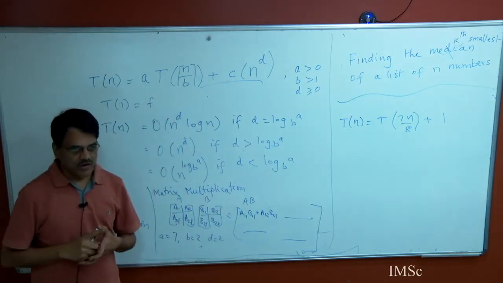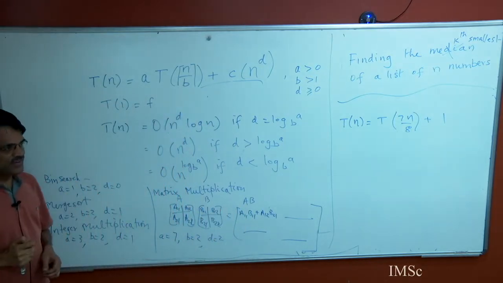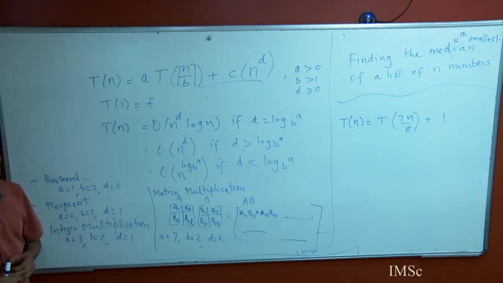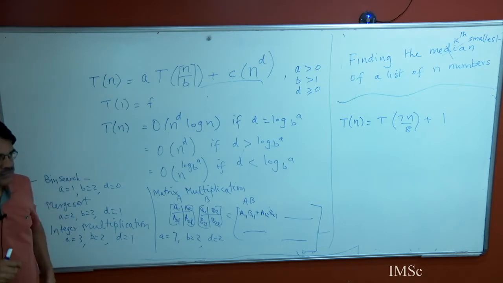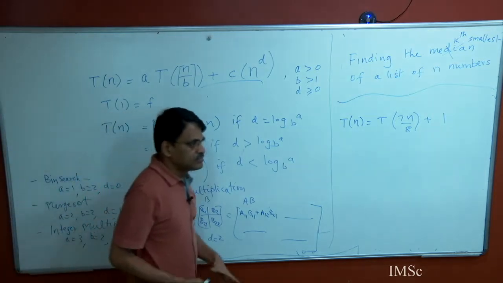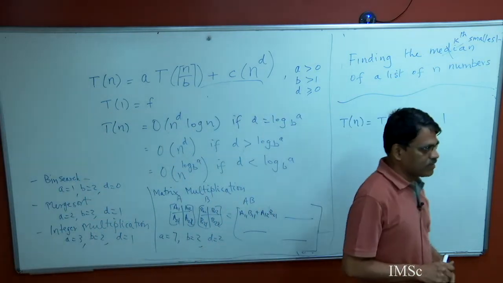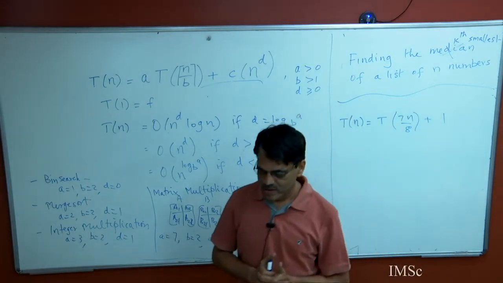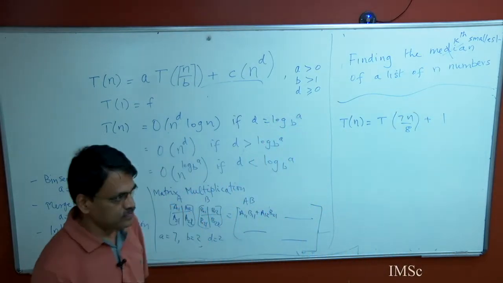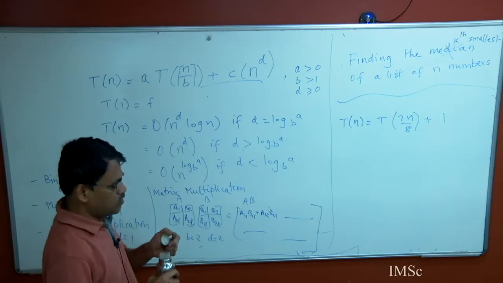What do you think this will solve to? Of course, you can look up and tell me, but you want to make a guess first? Logarithm, log n. Okay. So there's one guess says log n.